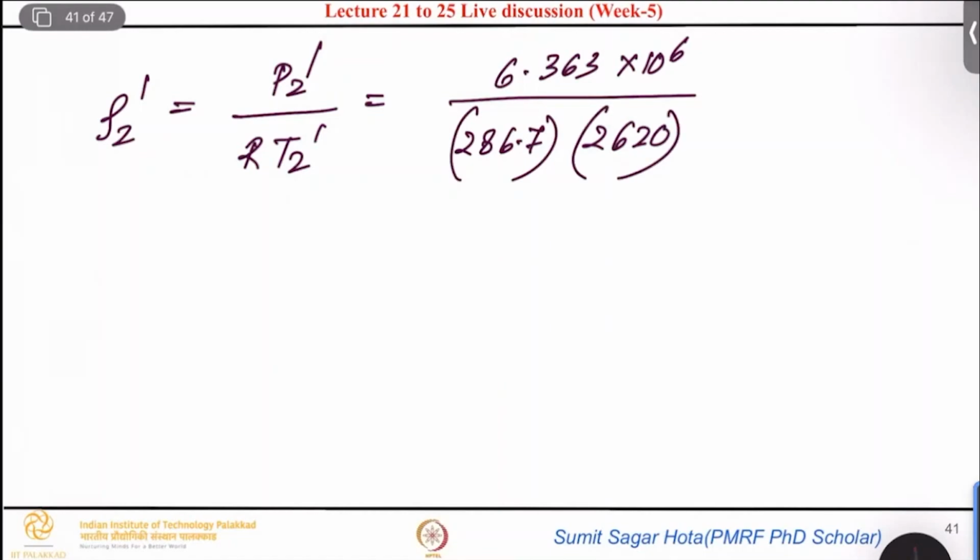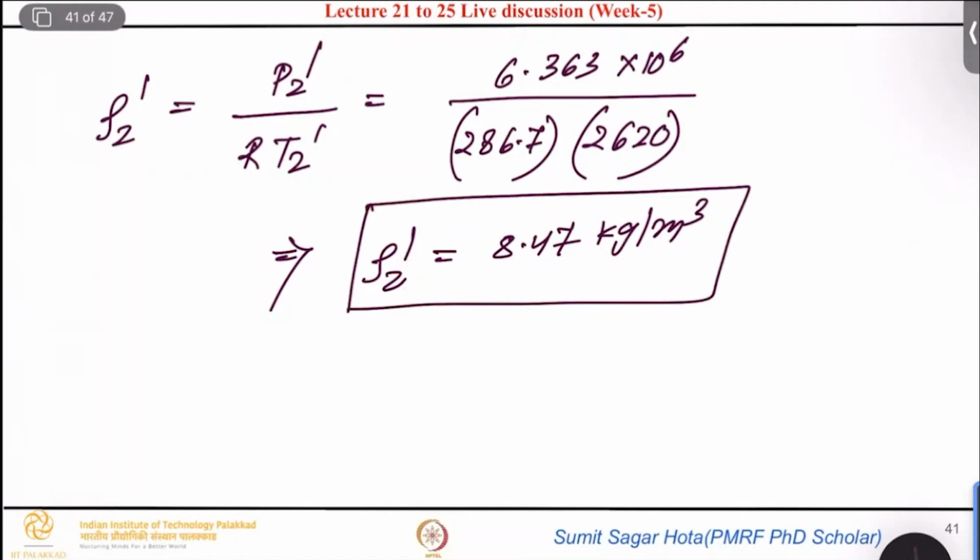Rho 2 dash, by the Rankine-Hugoniot equation, you can directly find the value as 8.47 kg per meter cube. Now what is the Mach number at 2 dash?